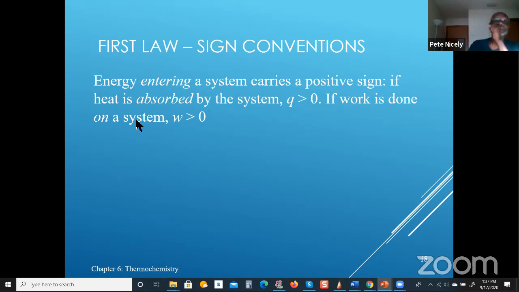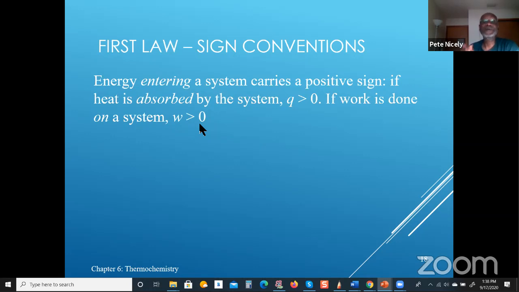Okay, so if energy is entering a system, that means that as far as the system is concerned, the energy change is positive. Now, if heat is absorbed by the system, then Q is positive. If work is done on a system, then W is positive.